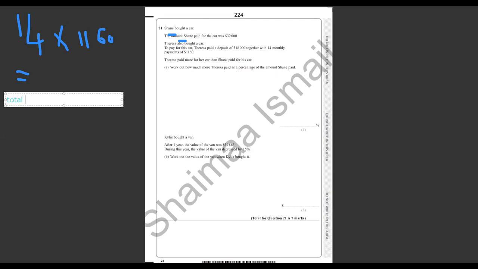To get Teresa's car cost, or the car's total cost, you have to add the installments plus the price you paid as a deposit.